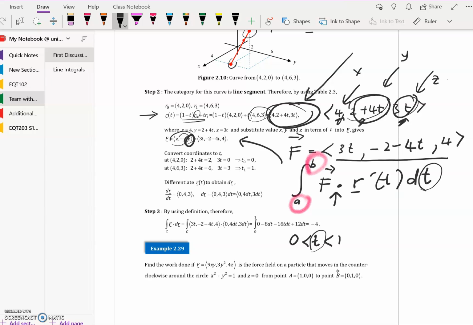So let's verify whether our hypothesis, our statement, is true or not.